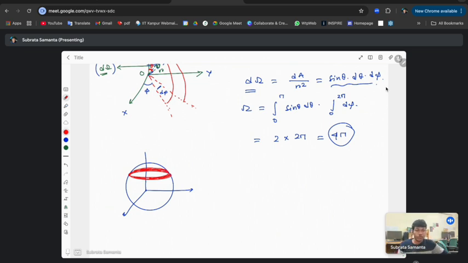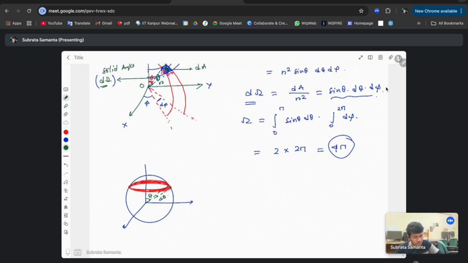So now I want to calculate, for this thin strip, what is the angle that it makes with the origin? Basically, if you consider the points of these two lines, d theta, at angle theta, and they take all values of phi, right?